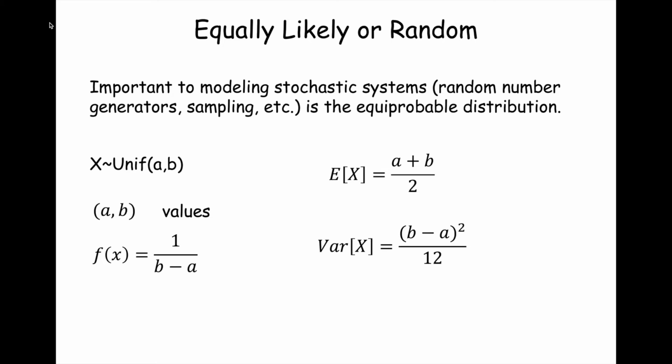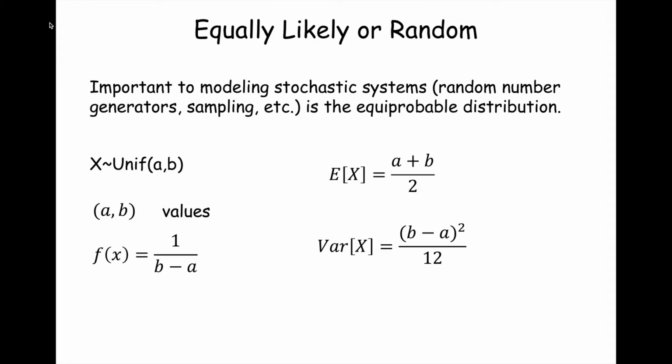Now, if we take a look at this expression, this is the result of saying b minus a quantity squared over 12. So that's our result, our expression for the variance. And if we look up there, we have exactly that, b minus a quantity squared over 12. Any questions about this?